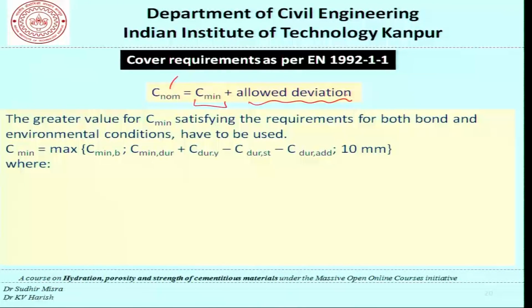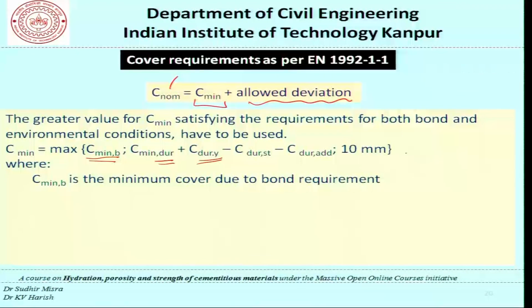So, the greater value of C min satisfying the requirements for both bond and environmental conditions has to be used, and therefore, C minimum should be the maximum of C minimum B, which is required, or the C minimum durability plus the C durability gamma minus the terms which are given here, or 10 mm, where C minimum B is the minimum requirement of cover based on bond.